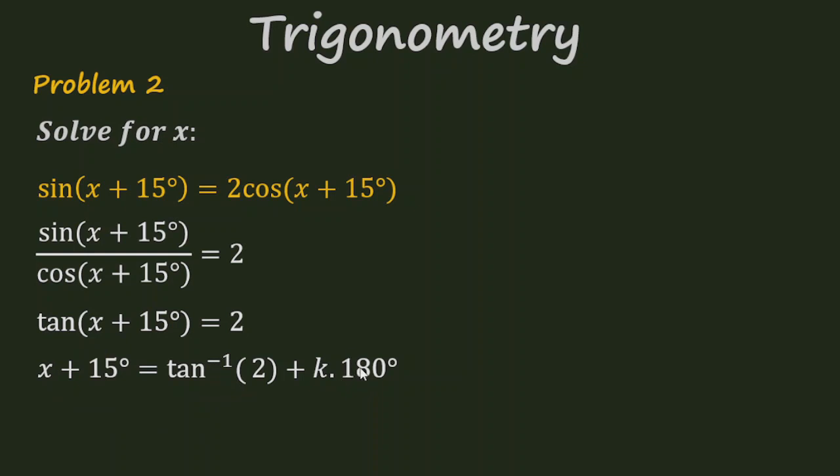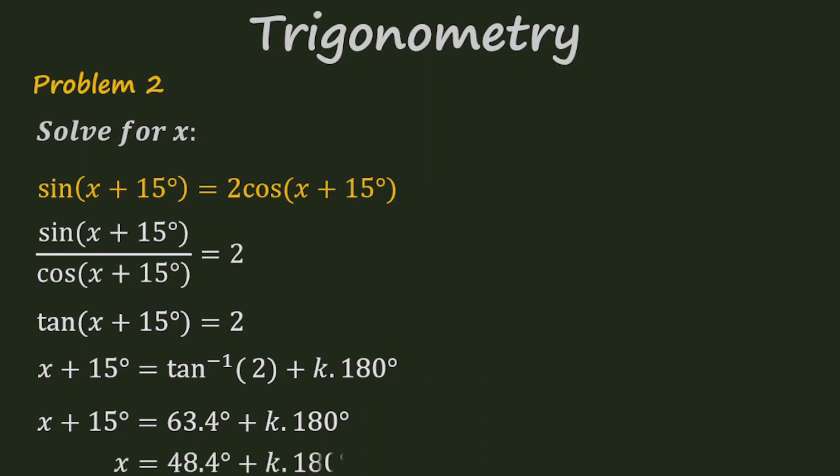We remember that the period of tan is 180 degrees. We multiply it by some k, where k is the element of integers, and then you simplify to arrive at x equals 48.4 degrees plus k times 180 degrees.